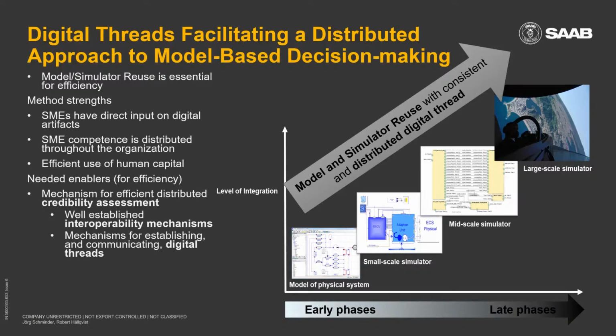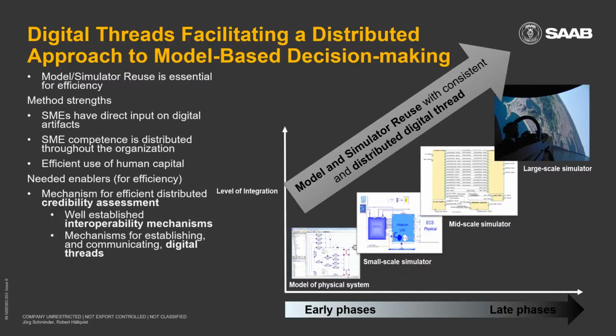So with this very distributed approach, we need to have tools, methods, and processes to enable efficient reuse of all the digital artifacts that go into these different simulators. Some of the strengths are that the subject matter experts have direct input on every digital artifact, and all of these subject matter experts are typically dispersed throughout the organization.